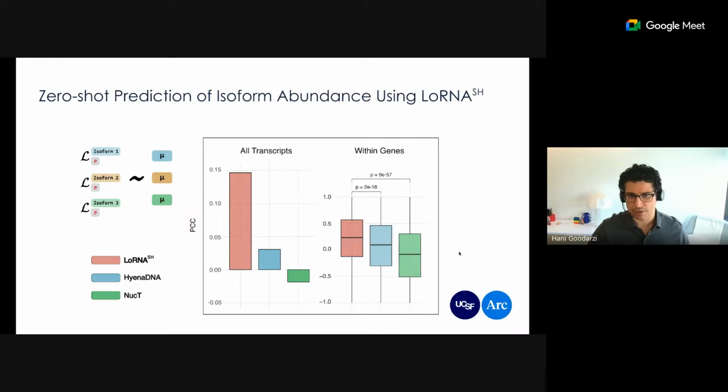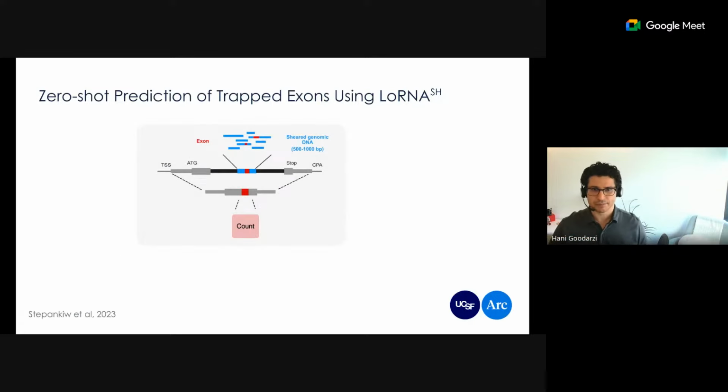Again, the other 2 genome models don't do as well. The point is that this is biologically very intuitive. A splicing pattern that is more likely means that it happens more readily in the cell, which means that you will just see it more often and you will get higher abundance. That's basically the idea.